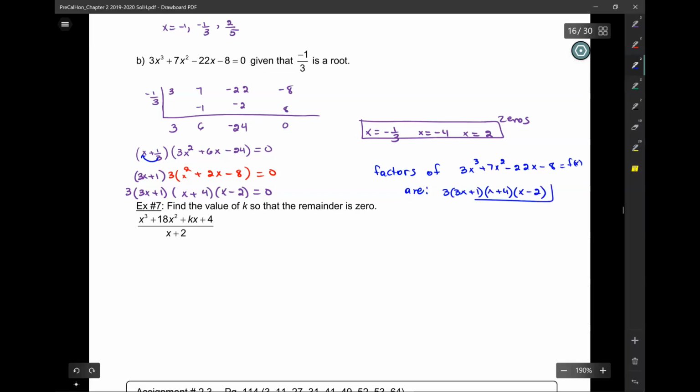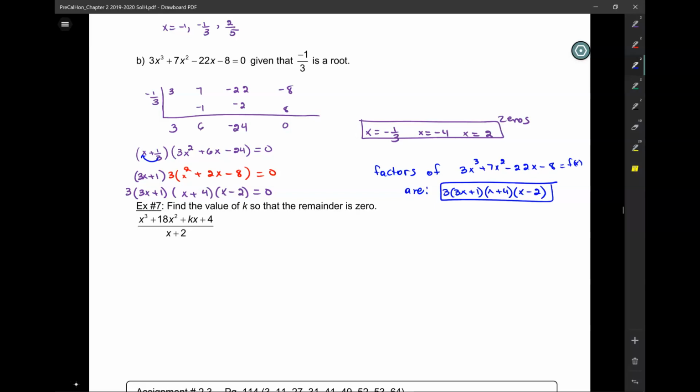If I gave you this exact same equation, but said factor, then when you write down the factors, it has to be in this form. If you do x plus 1/3, that's not right. So when you say solve, that means the zeros. If I say factor, it means do this.